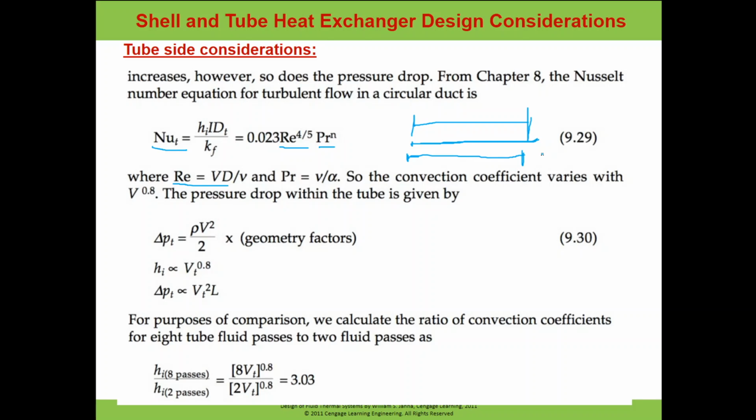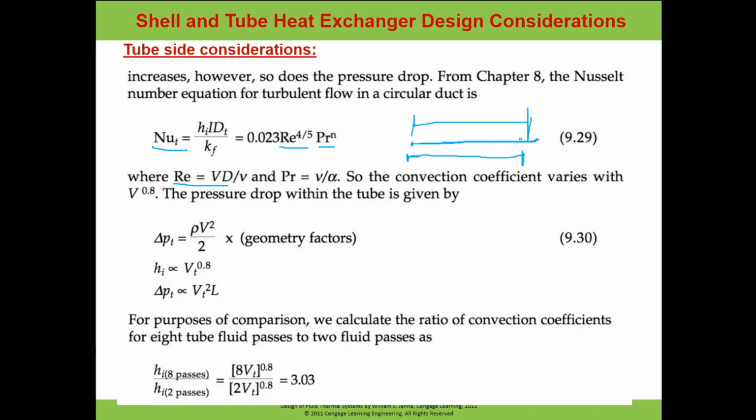So if the flow rate is the same in both cases, whether it is one pass or two pass, then if it is one pass, the velocity in the tubes is less because all the tubes are taking the fluid from one end to another end. When it is two pass, when half of the tubes are taking the fluid, that means the number of tubes is reduced, the area is reduced, so the velocity in the tube becomes double.